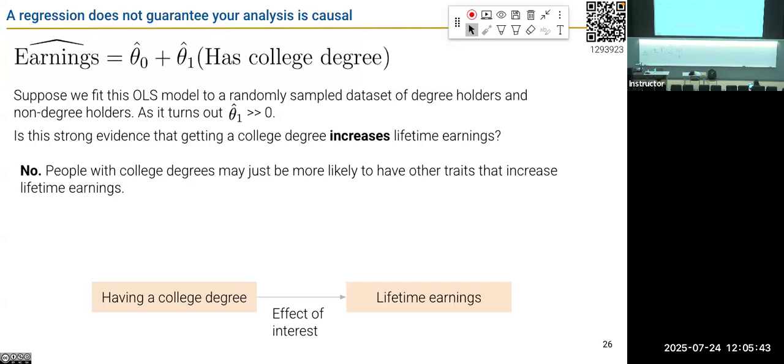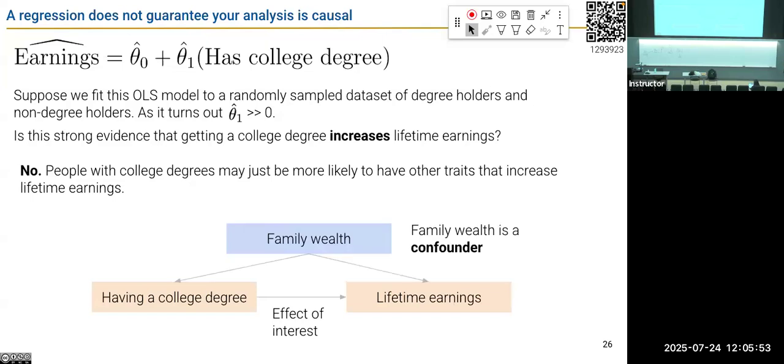so this is our study. We want to study whether having a college degree would cause higher lifetime earnings, but someone with a college degree might have some other traits, things like family wealth, especially for people in private schools. It might be the case that having a college degree is associated more with a larger amount of family wealth, and perhaps family wealth is the contributor to higher lifetime earnings.